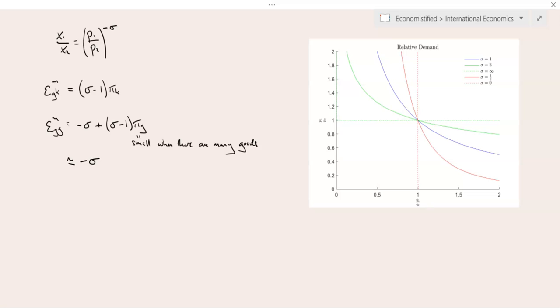Conversely, if sigma is greater than 1, if the different goods are all substitutes, that's also going to mean that the own price elasticity is very elastic. So if the price of good G goes up, the demand for good G will go down quite substantially. Thanks very much, and I'll see you in the next video.